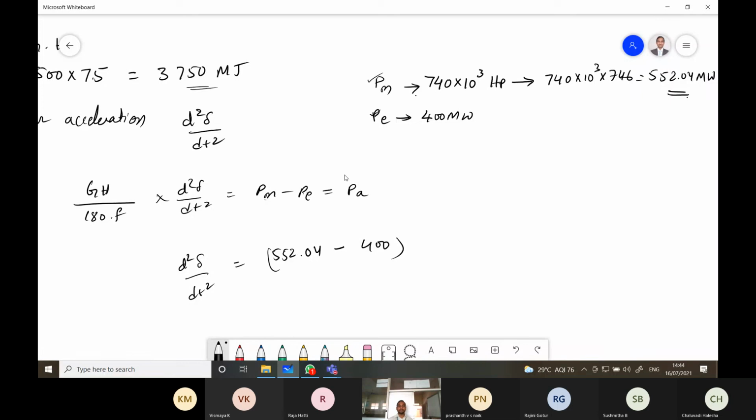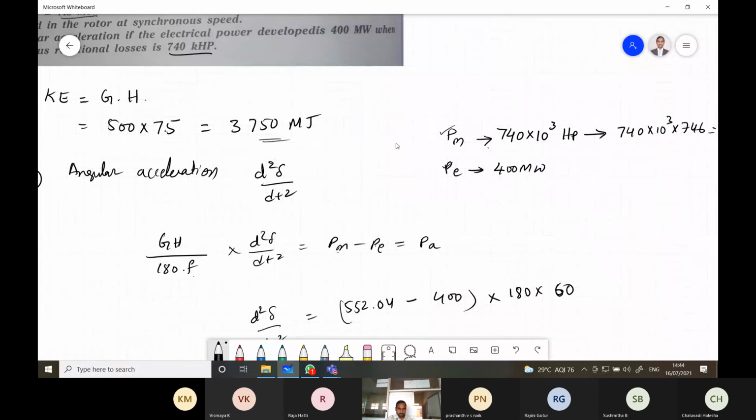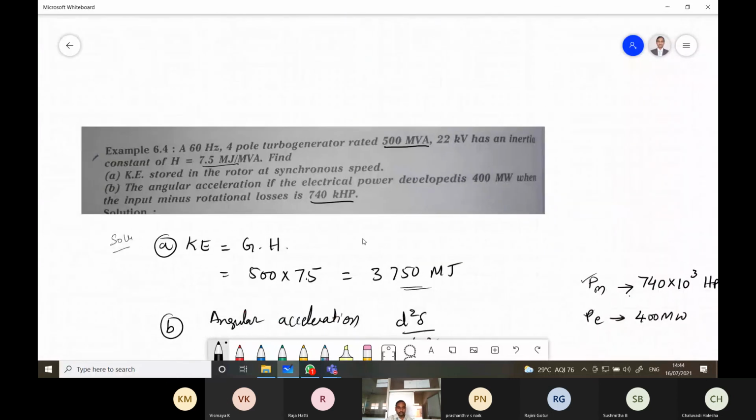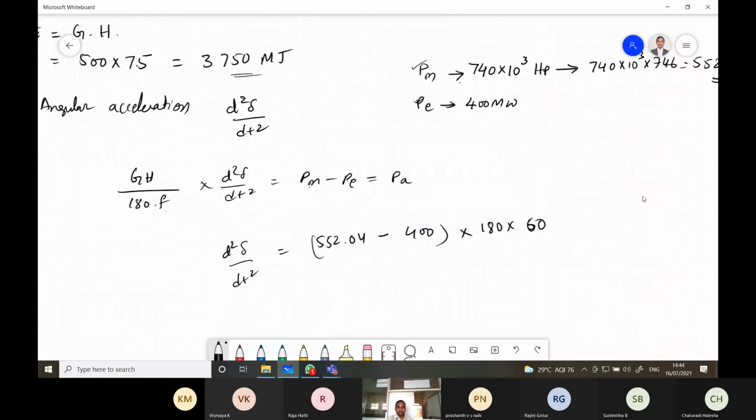So if 180 F comes on this side, it comes to the numerator. 180 and F is frequency, which is 50 normally, in this case 60 Hertz, that is given in the problem. Look at the problem. So divided by G into H, which will come on this side.